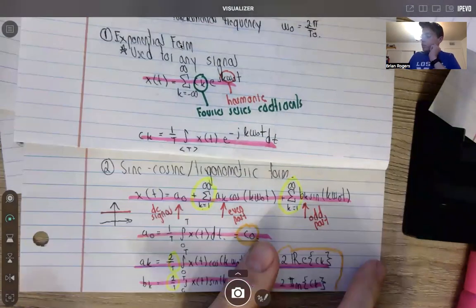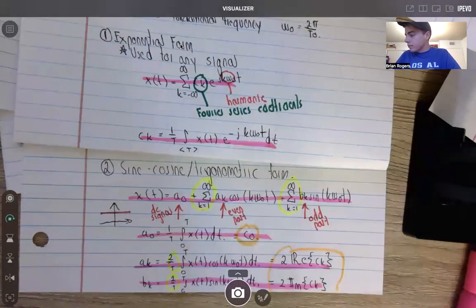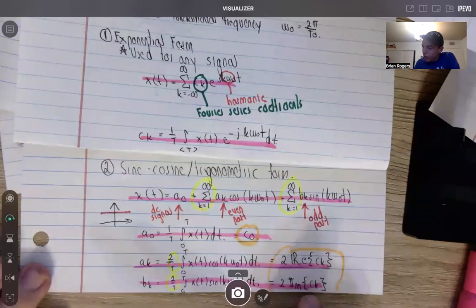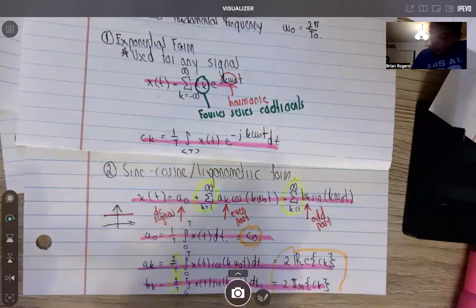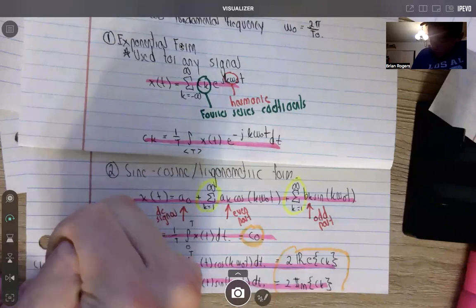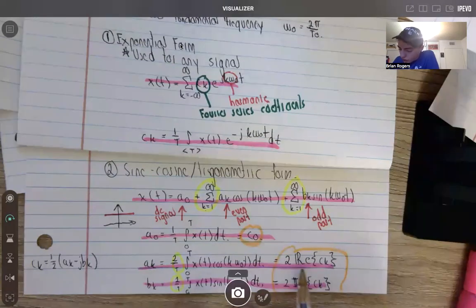then we're going to see that C of K has both the real and the imaginary part, right? So if this is the real part of C of K and this is the imaginary part of C of K, then wouldn't you agree that if I wrote my C of K is equal to 1/2 A of K minus J B of K, this is basically telling us this is 2 times the real part.